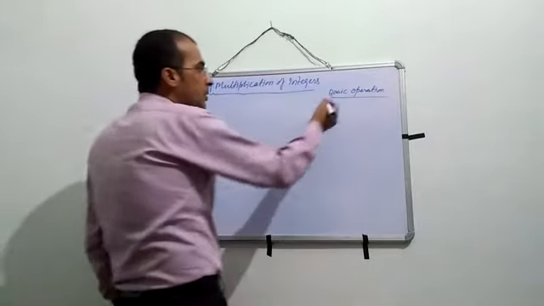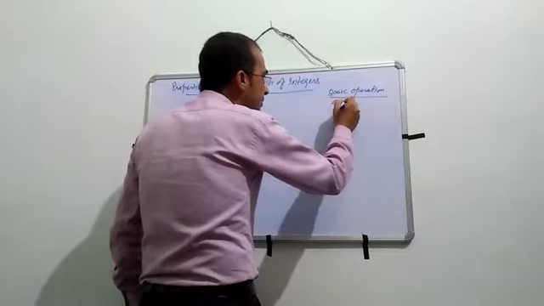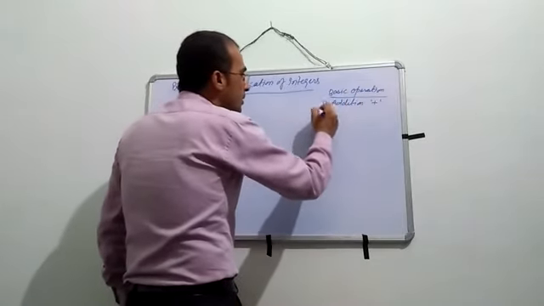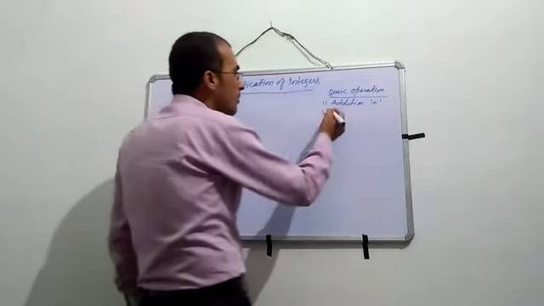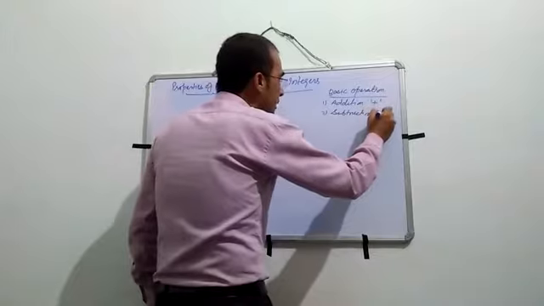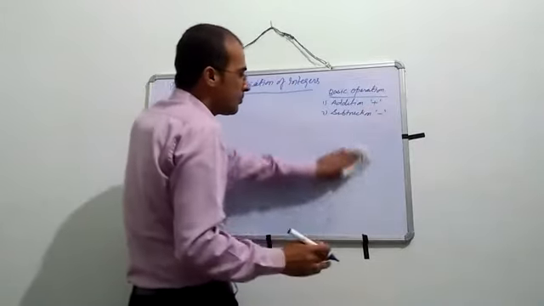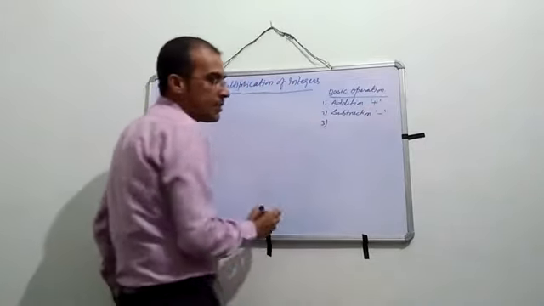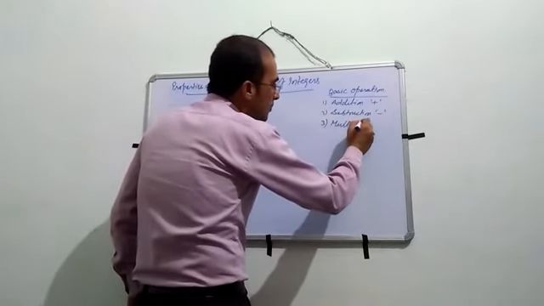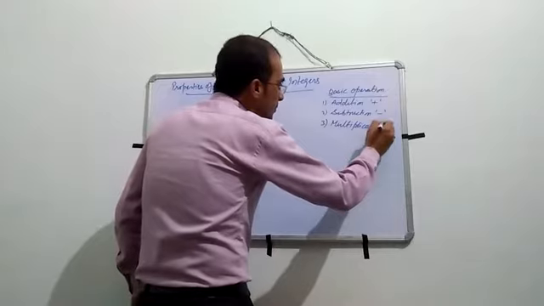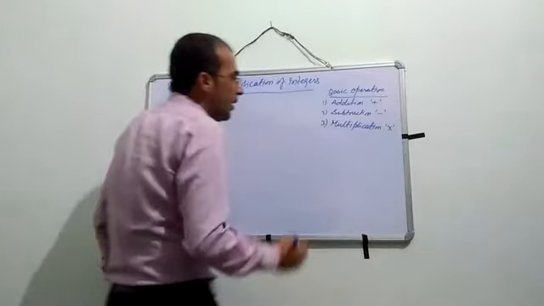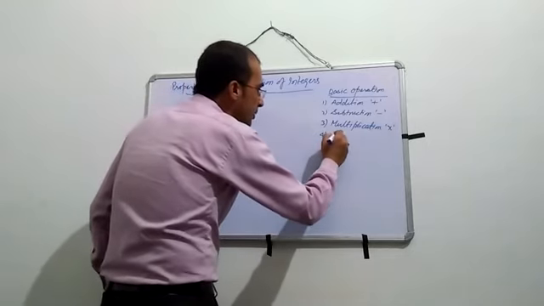What are the four basic operations? Addition, means plus. Second is subtraction, it means negative. Third is multiplication. And fourth is division.